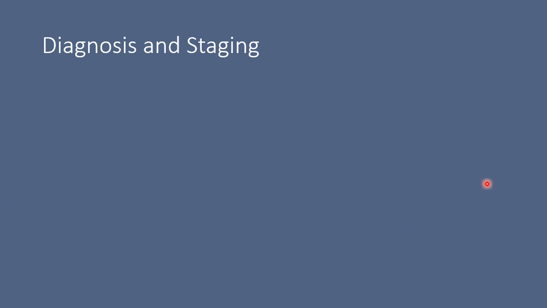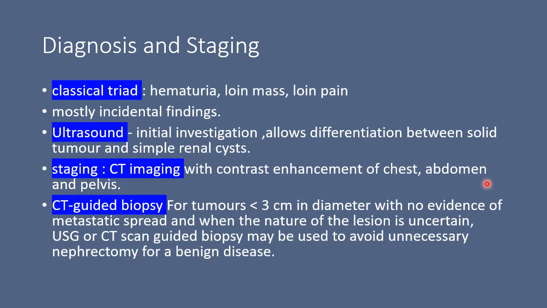Next, we come to the diagnosis and staging of renal cell carcinoma. The classical triad of hematuria, loin pain, and loin mass are found in only 25% of the patients. The vast majority are diagnosed on incidental findings, especially incidental ultrasound for other abdominal conditions.